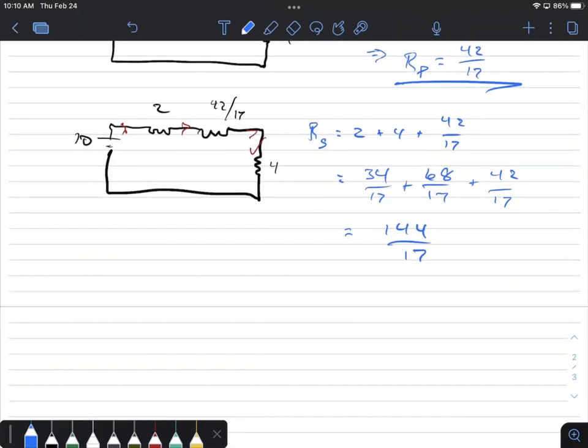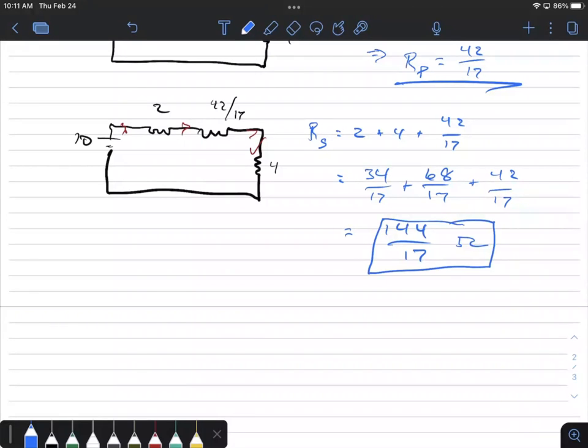And let's see, can I simplify that down? I don't think so. So there we go. Now, of course, if I had my calculator, again, I would have, what would it be? Something like 8.5, something like that. But there's my number. Fractions are fine. And so there's my total resistance.